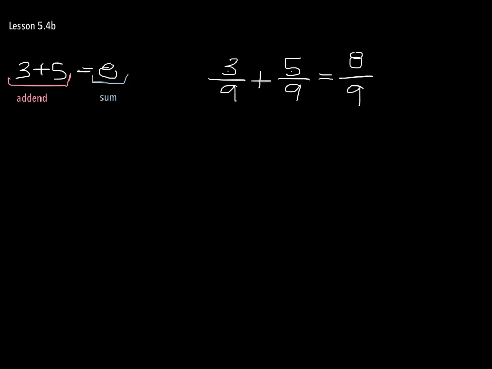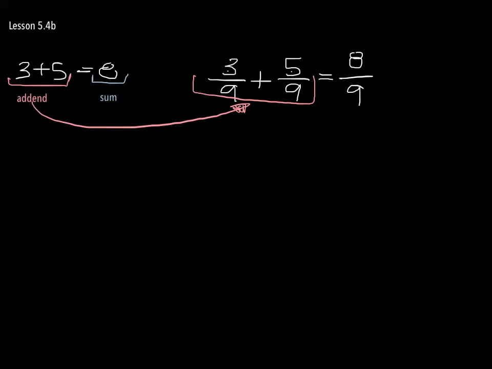Now, just like this problem over here, 3 plus 5 were our addends, guess what? 3/9 and 5/9 are our addends. And just like on this side, 8 is our sum.